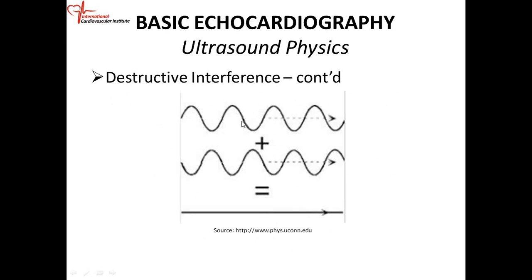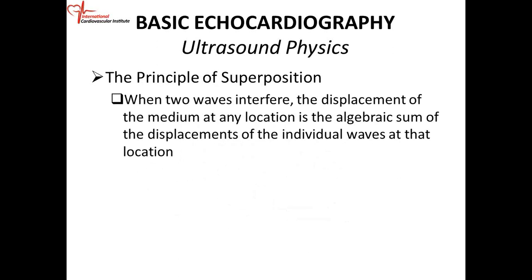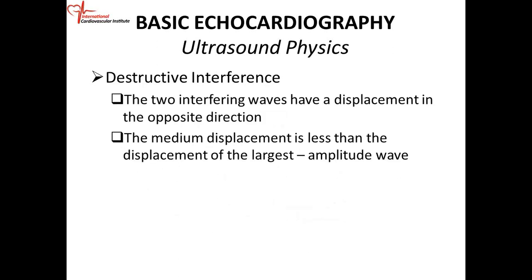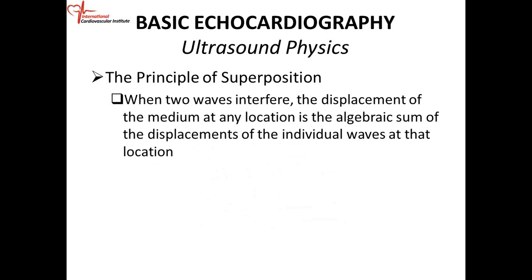You can have different points meeting, and if an upward and a downward displacement meet each other, there's going to be some amount of cancellation. With destructive interference, you don't have to have no disturbance at all.